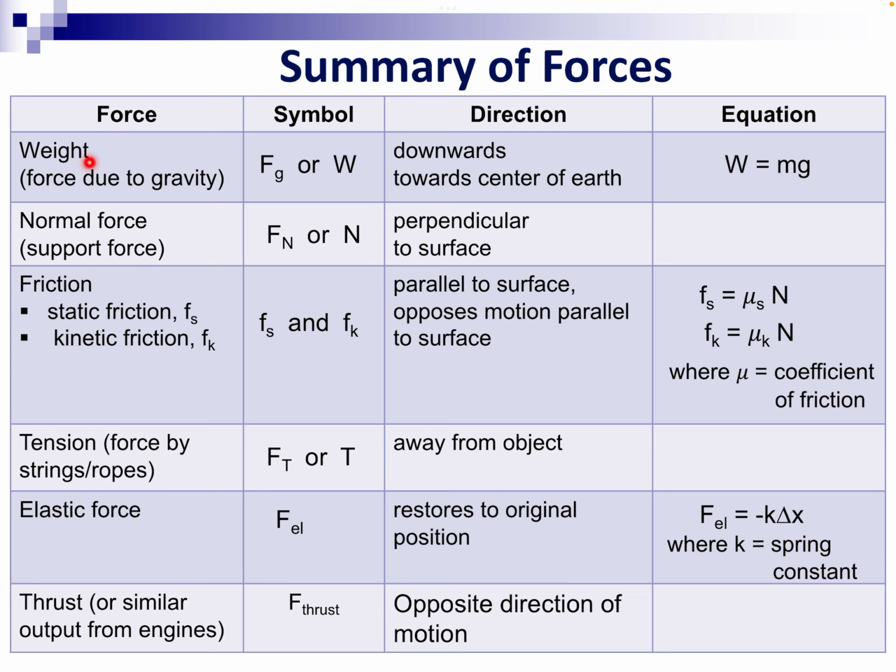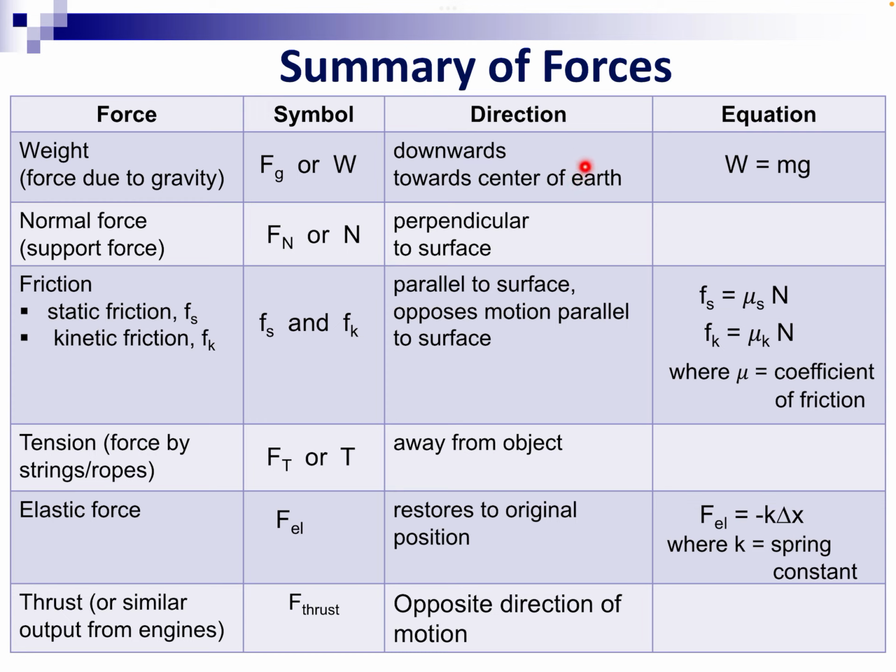You have weight, normal force, friction, tension, elastic force, and thrust. The second column gives you the symbols that are commonly used to represent these different kinds of forces. And force, as I said, is a vector quantity, so we should specify the direction.